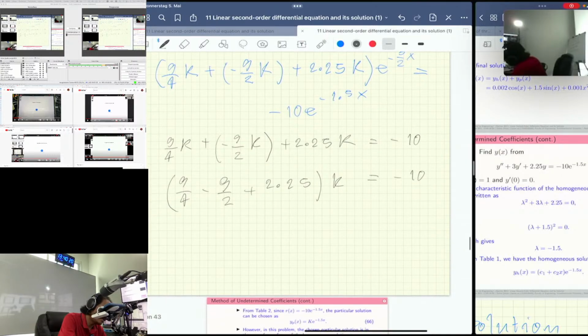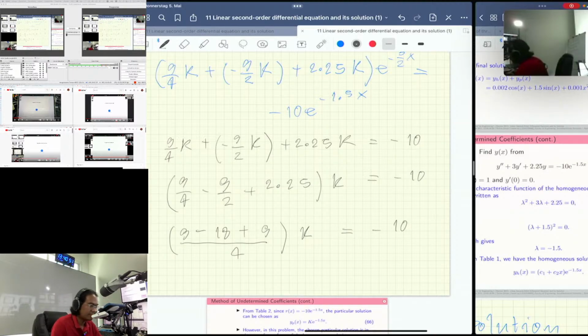On the left hand side, if you prepare it with the denominator of 4, you get 9 minus 18 plus 9, over 4, times K, equal to -10.